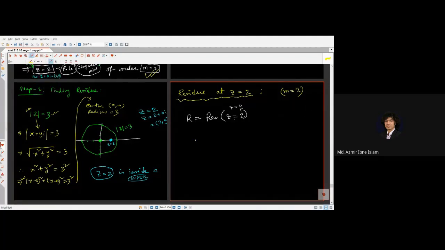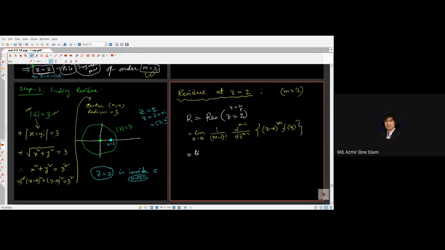The formula, which you can remember, is limit z tends to a of 1 over m minus 1 factorial, d power m minus 1 over dz power m minus 1, of z negative a power m times f of z. So this is our main formula. Now we can input the value of m so that we can simplify.